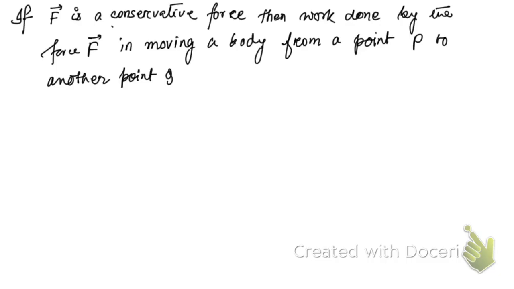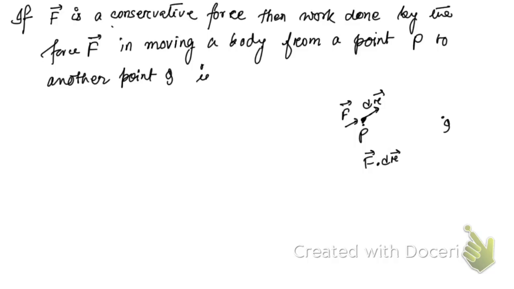is given by, now you see, suppose this is point P, this is Q, and a body is moved by a force F through a very small displacement dr. Then the work done by this force to move the particle through this small displacement is given by F dot dr. This is the work done.